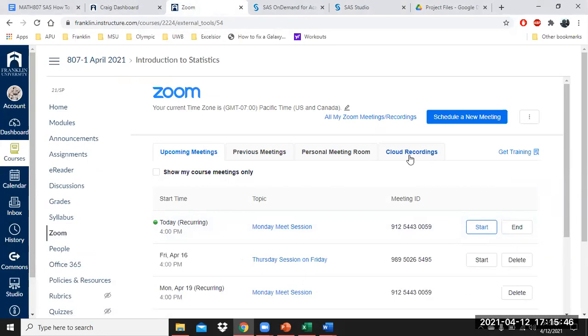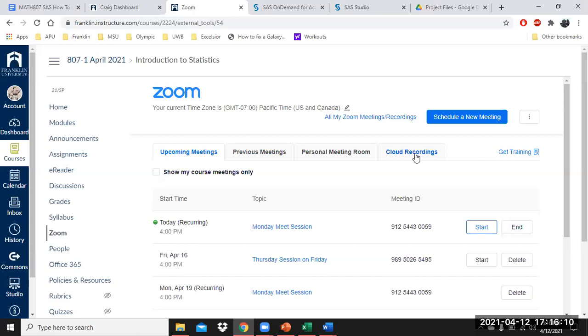And it'll stay there for the entire time that our class is running. Then I'll download it and upload it to my YouTube channel so that I can put a copy of the link in our Google Doc, because after a while these do get purged, which is why I've put them all on my YouTube channel, because then they'll stay there as long as I want them and not as long as Zoom wants them.